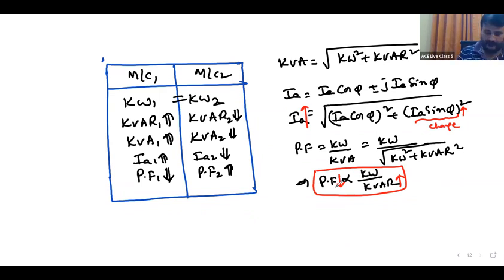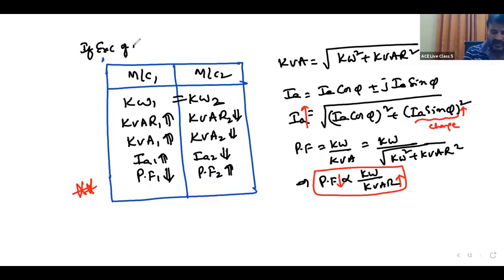But all these statements are valid if excitation of machine 1 is increased, that is E1 increases. Instead of that, if excitation of machine 2 increases, conclusions are just reverse.